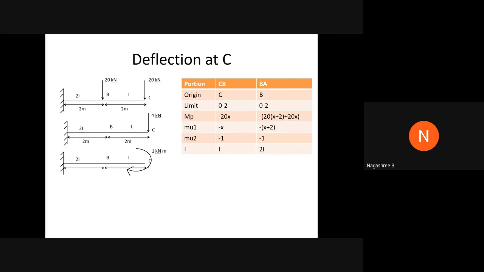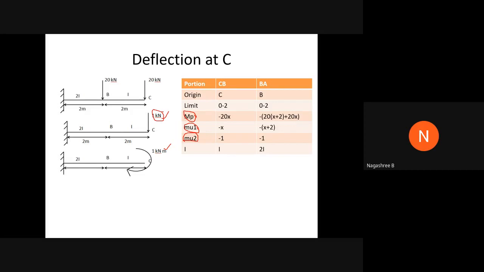Okay. So the next point, after assuming the unit load and unit rotation at point C, we want to compute the MP value. MP is the moment due to the real load.